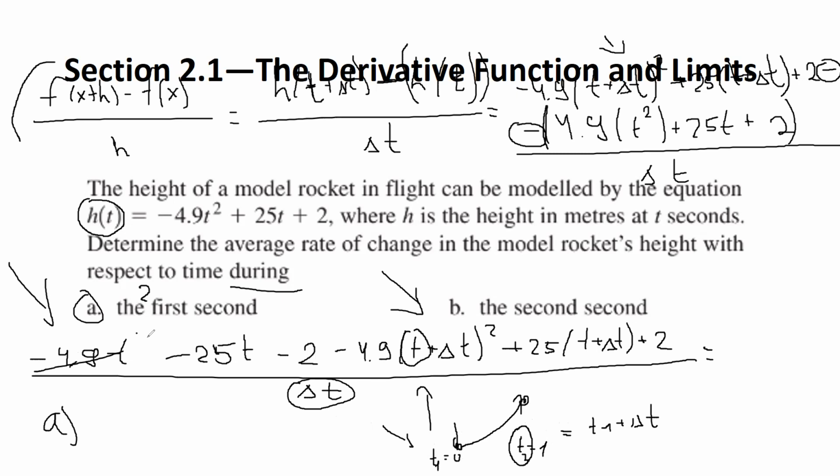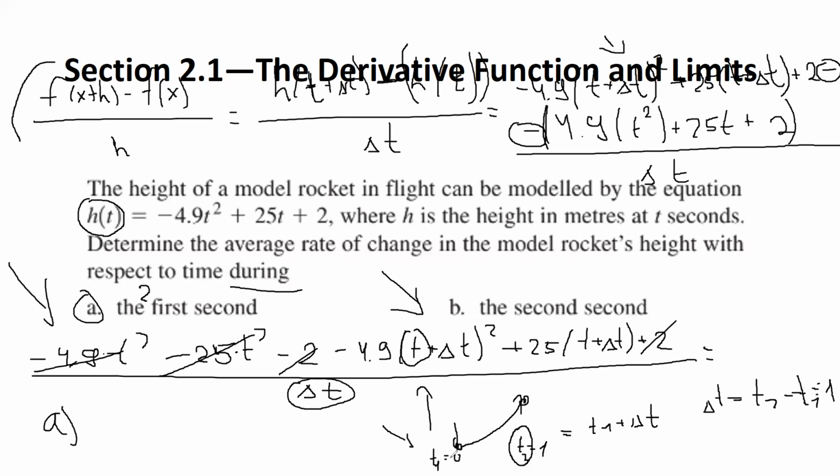This one turns into 0. This one turns into 0 because it's multiplied by t, which is 0 in this case. Minus 2 is going to be simplified with plus 2. These brackets become even easier because 0 plus 1, because delta t equals t2 minus t1, which equals 1.